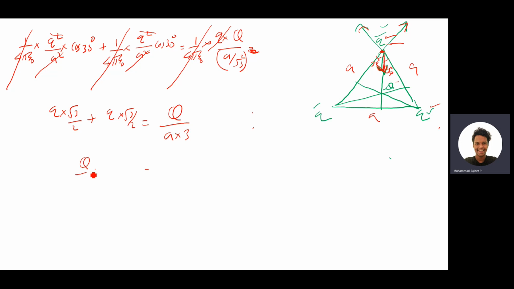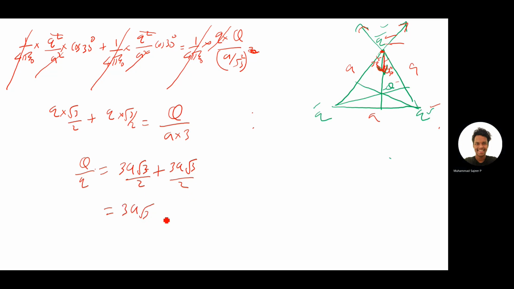Now if we take all the q to the right side and all other values to the left side, so 3a root 3 by 2 plus 3a root 3 by 2. Or it is twice, right? So 3a root 3. But a should also cancel, right?